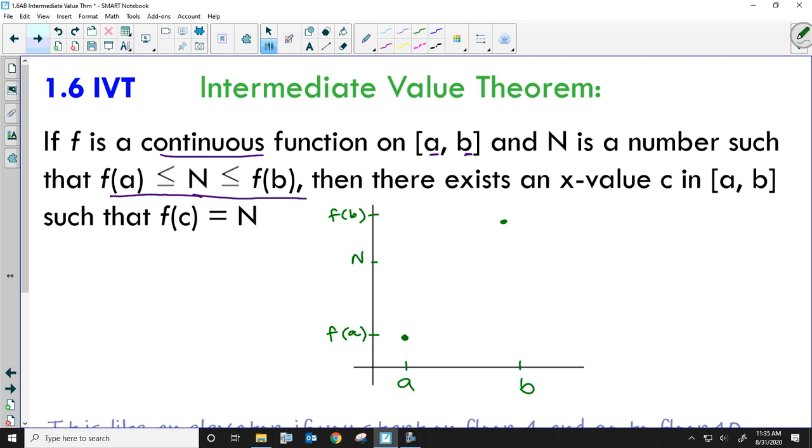If f is continuous, I'm going to connect those 2 points that I have. If f is continuous, then there exists an x value, we're going to call it c, that's in between a and b, where that output is that value n.